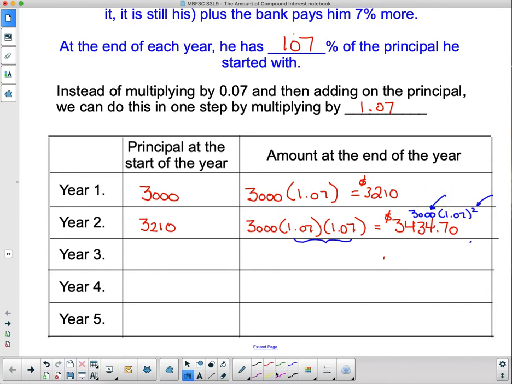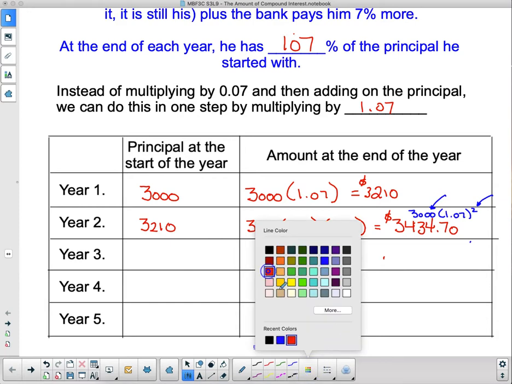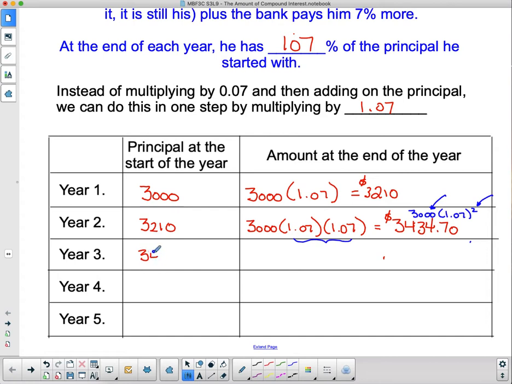Let's try again. 3434.70 is what we start the year with, but I'm not going to write in 3434.70 here. I'm going to write in what we made before, 3,000 times 1.07 times 1.07.